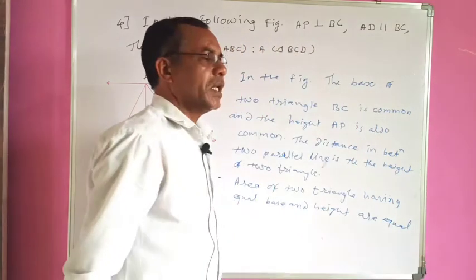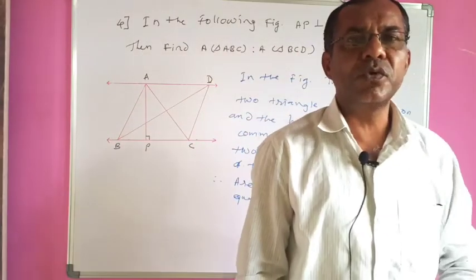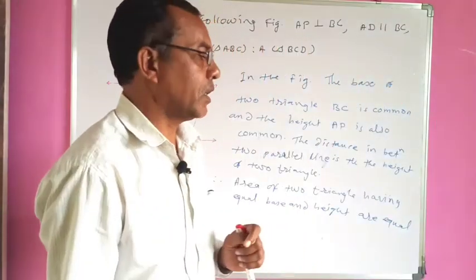It is the property of the areas of two triangles having equal base and equal height.